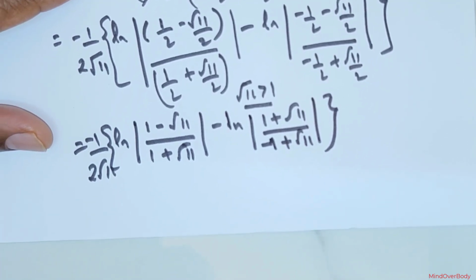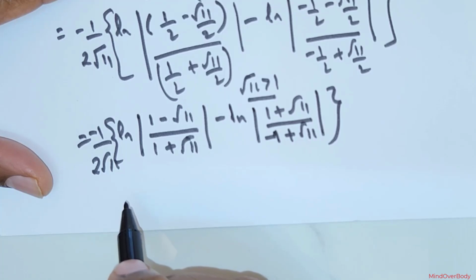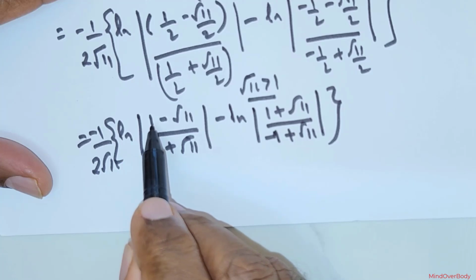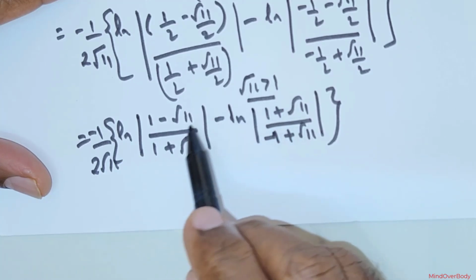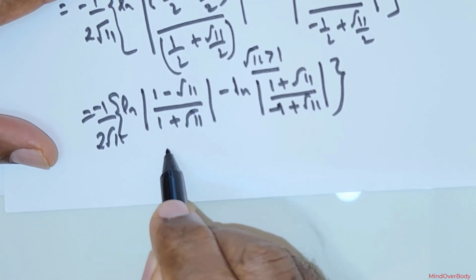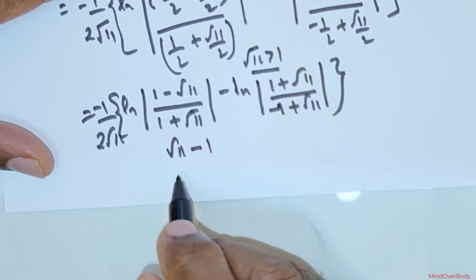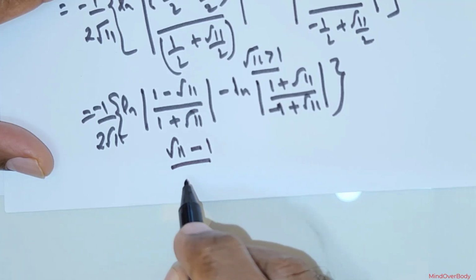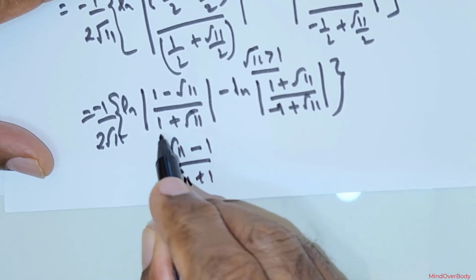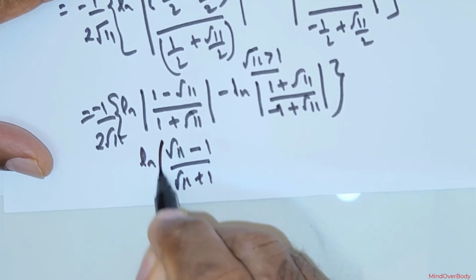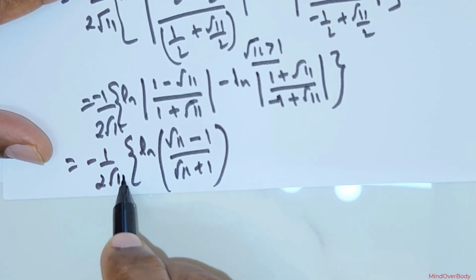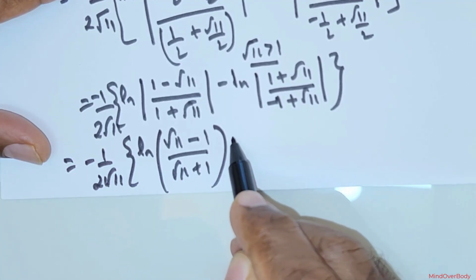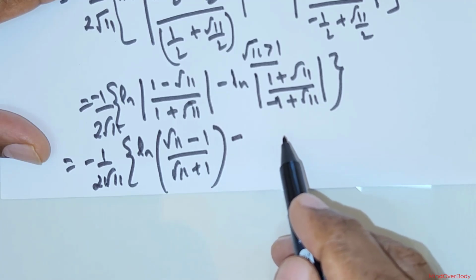Okay, so as I mentioned to you, I want to get rid of this modulus. Root of 11 is greater than 1, so I would rewrite this as root of 11 - 1 divided by root of 11 + 1. You have nothing to do there. So this is equal to -1/2 times root of 11 and followed by a negative sign.